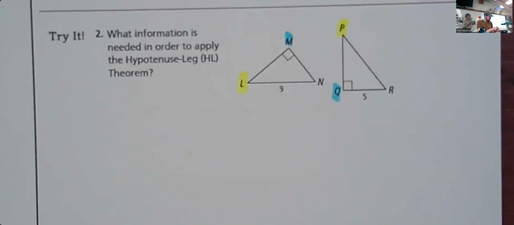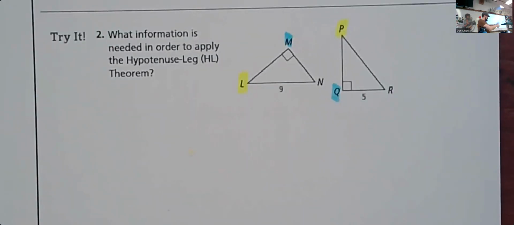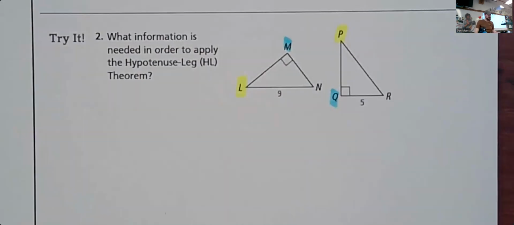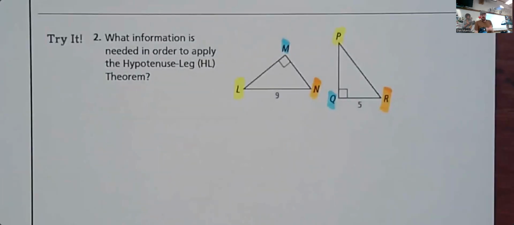What about N and R? Yeah, those are the only other ones. So N corresponds to R. Okay. So if we are going to use HL here, what do we have to show?